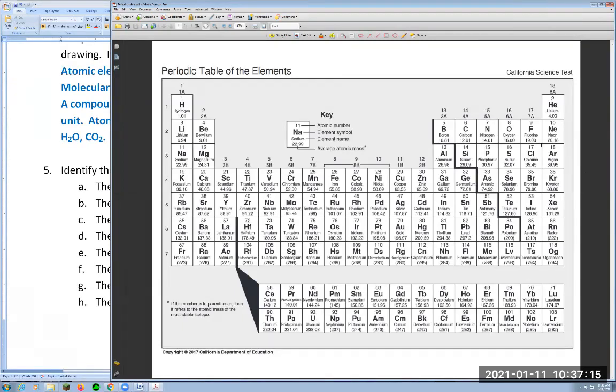But this one also has the group numbers. So remember how group numbers are columns, right? And periods are the rows. So this table has the group numbers with the letters A and B. So that's why I like this one.